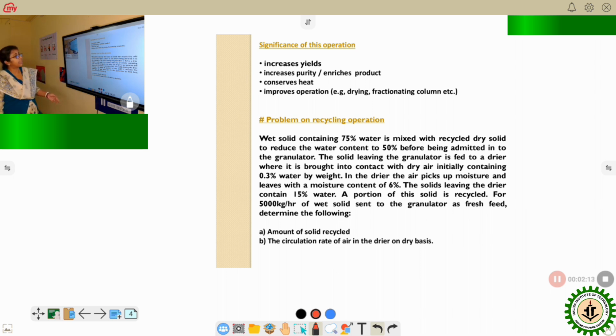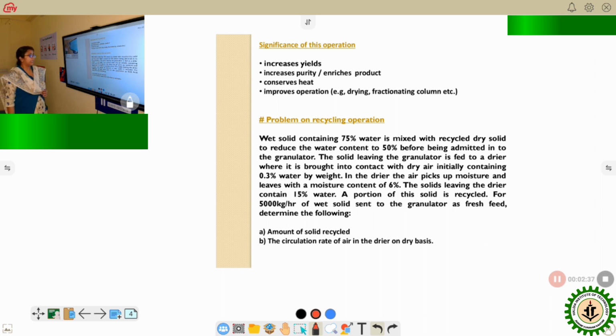Wet solid containing 75% water is mixed with recycled dry solid to reduce the water content to 50% before being admitted into the granulator. The solid leaving the granulator is fed to a dryer where it is brought into contact with dry air initially containing 0.3% water.